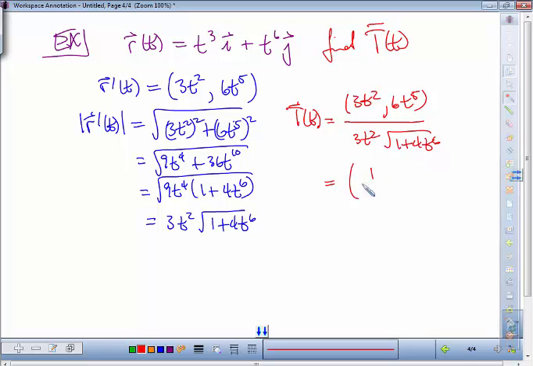So that would leave us with 1 over the square root of 1 plus 4t to the sixth, comma, and then we can simplify a little bit: 2t to the third, over the same square root. Or you can also factor in the denominator.